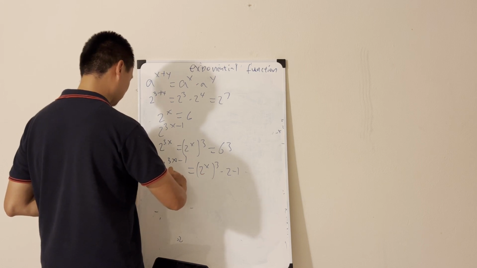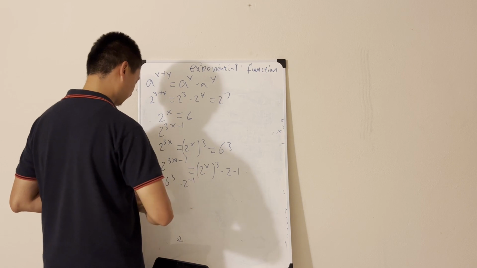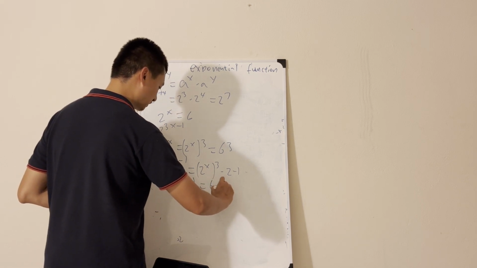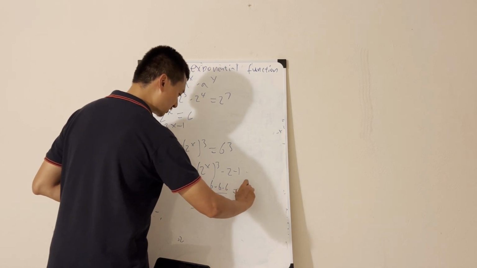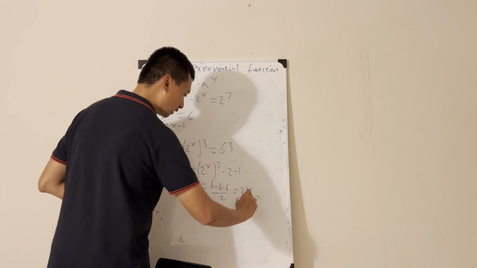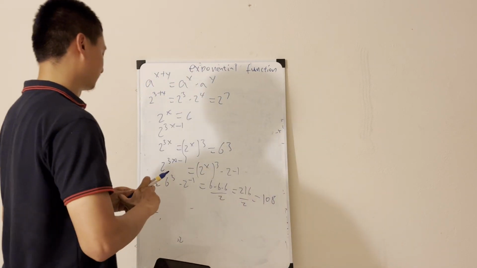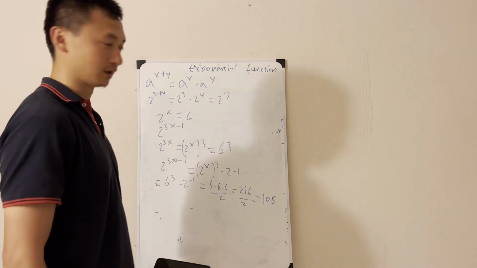Then it is 6 to the 3rd power times 2 to the negative 1 power. Well, that's the same thing as saying 6 times 6 times 6 divided by 2, which is 216 divided by 2. Well, that's 108. That's the final answer.